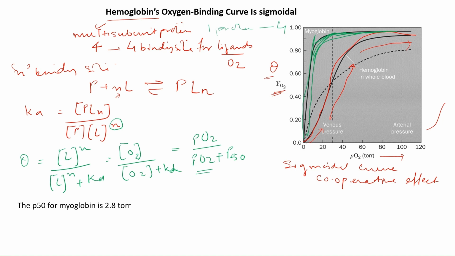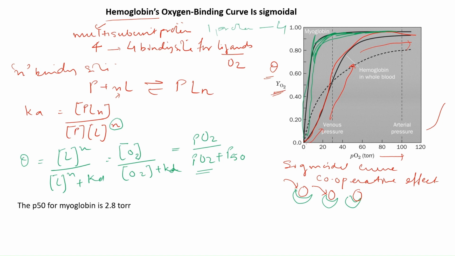If you remember from the myoglobin video, without going into much detail, myoglobin is a single subunit protein. So the ligands that bind are all independent, because the ligand binding to one protein cannot affect the binding of a ligand to another protein. So all the ligands are binding individually.